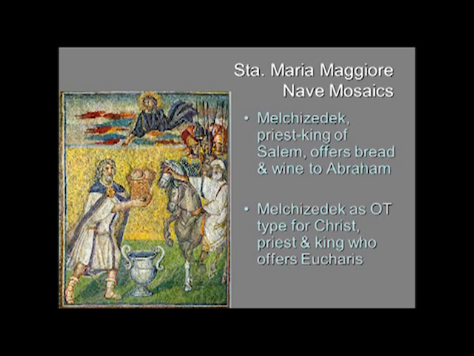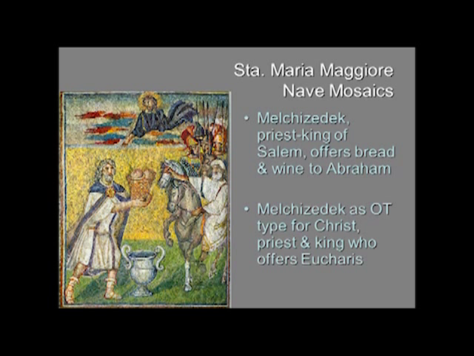But he is seen as an Old Testament type or prefiguration for Christ. And also, the verses become part of the liturgy. So these become very, very important in art.